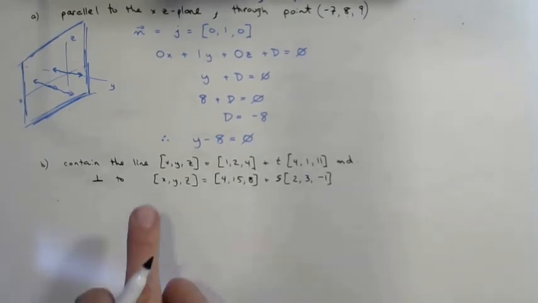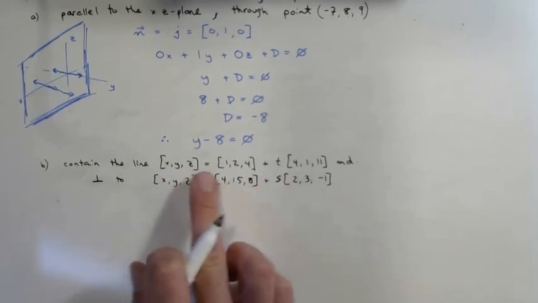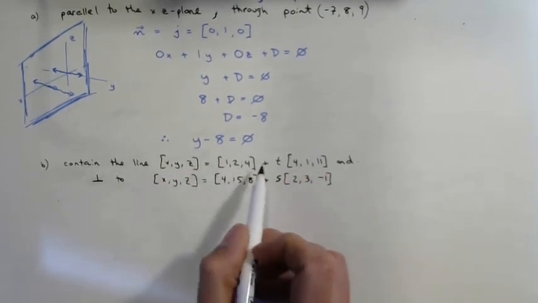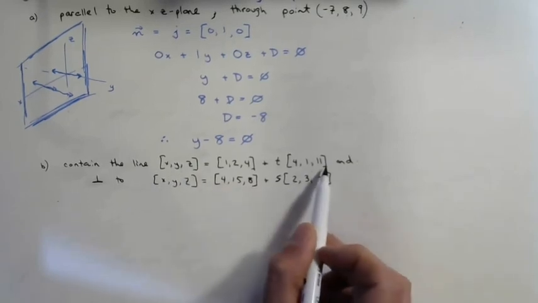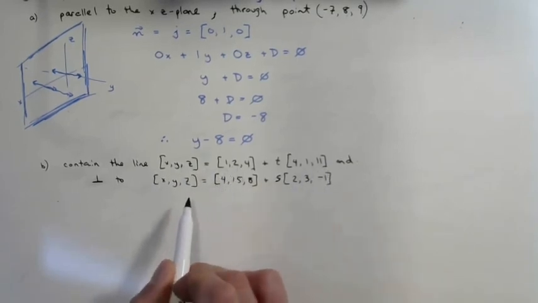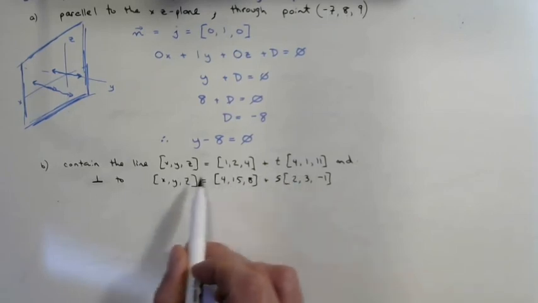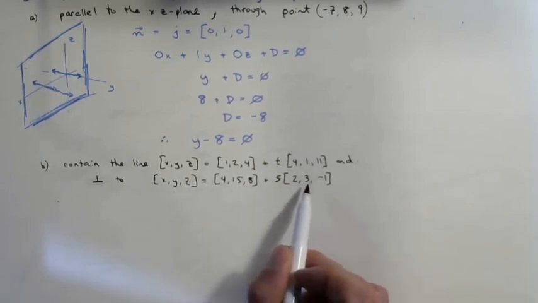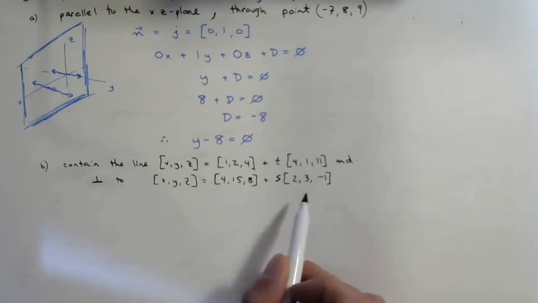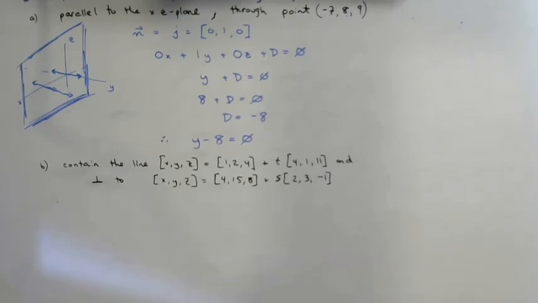Okay, so it contains this given line, which, by the way, automatically gives us a point and a line on the plane. And because this line is perpendicular to this line, we know that this second line can serve as a normal to the plane, its direction vector, its direction portion.